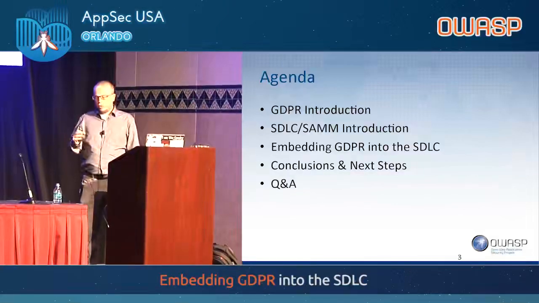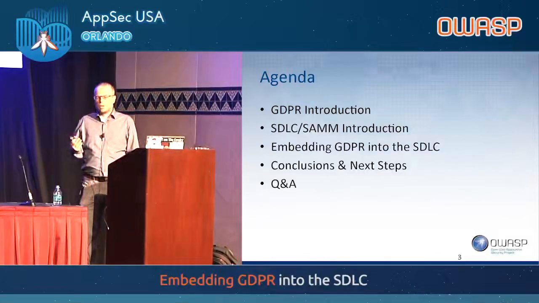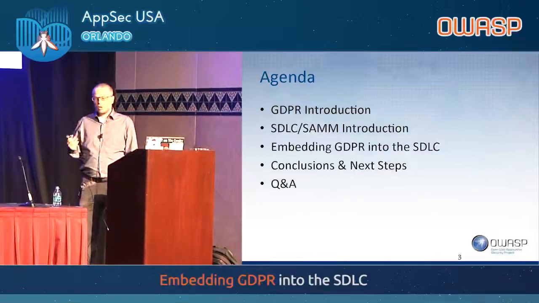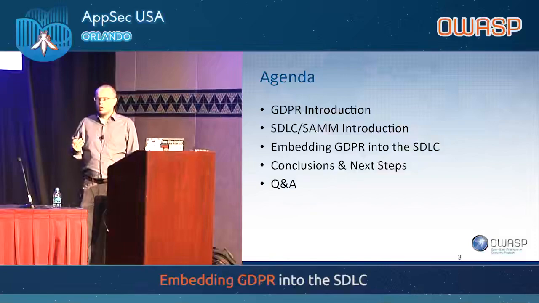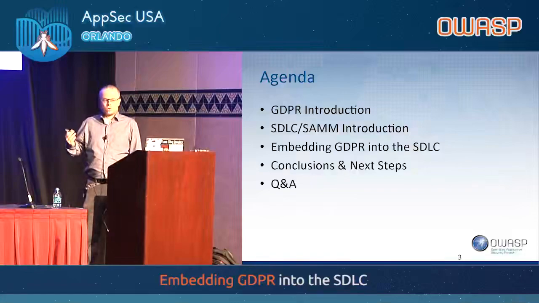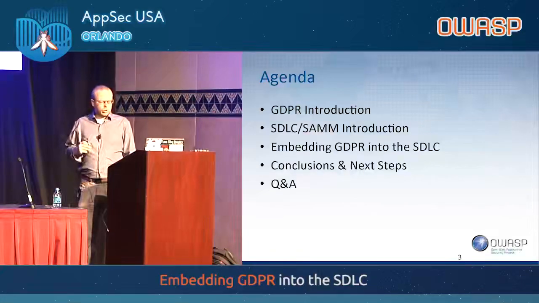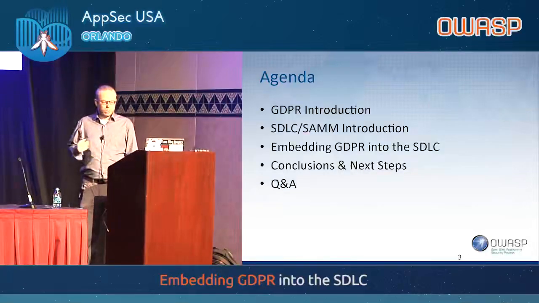And when we do GDPR compliancy programs, we get a lot of questions on how do you actually fit this in a secure development life cycle. And when we're doing the secure development lifecycle projects, we get a lot of questions like, okay, but what about this GDPR thing? What do we need to do to get compliant there? So a bunch of us sat together and we came up with a way to actually do both of them, which is what I'm here to present today.